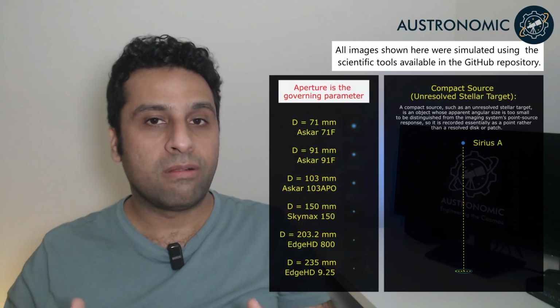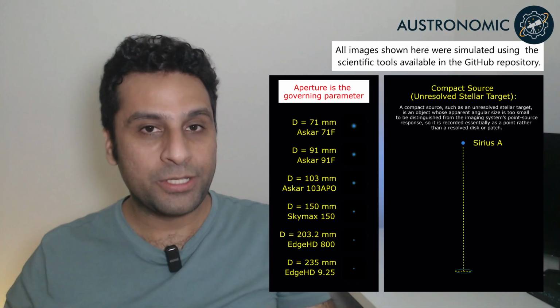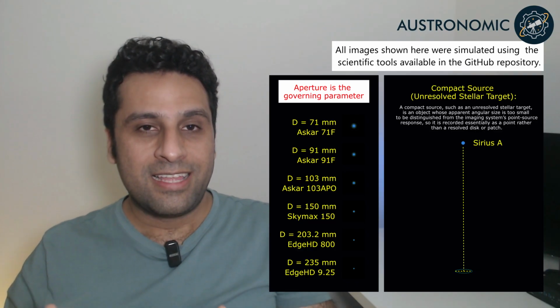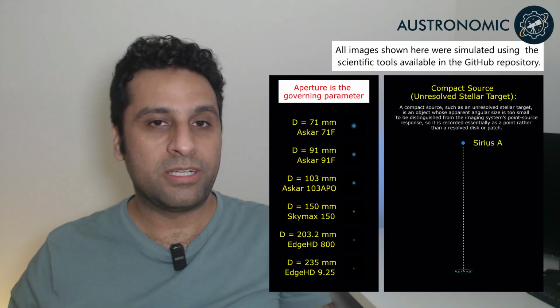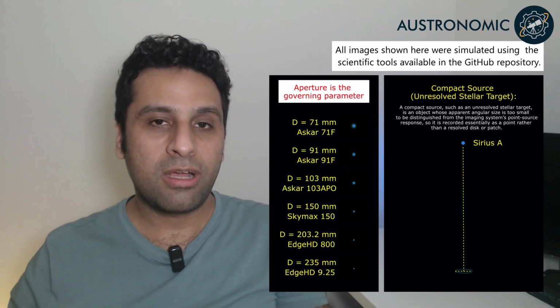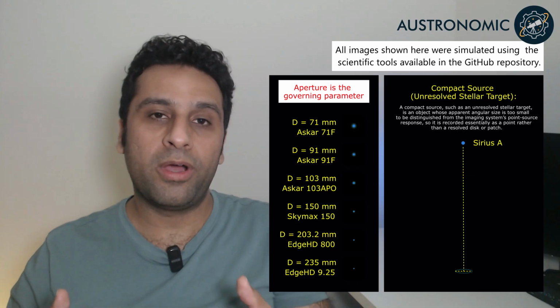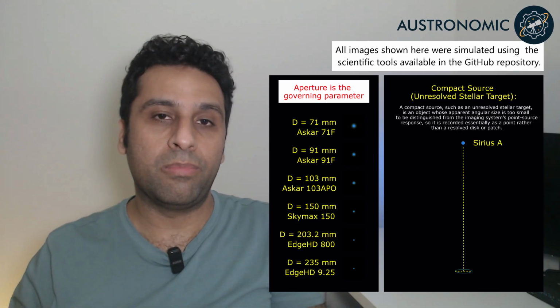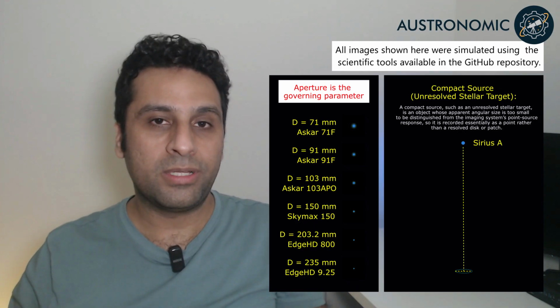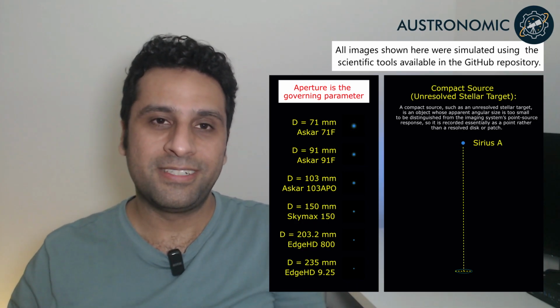For an unresolved stellar target, aperture is the governing parameter for signal collection. The sensor records the point spread function, not the star's true disk, and the total collected stellar signal is set by the aperture area rather than by the focal length. Focal ratio still matters, but it is not enough by itself.